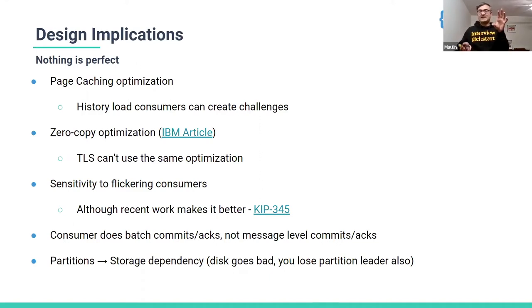page faults. Now you can imagine a situation where high throughput ingestion is happening on your topic, with a certain set of consumers which are pretty much up to date on the data consumption, and one or two consumers which are lagging a lot, or doing a history load.